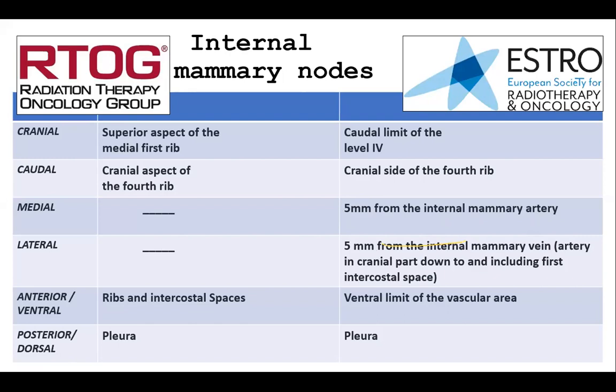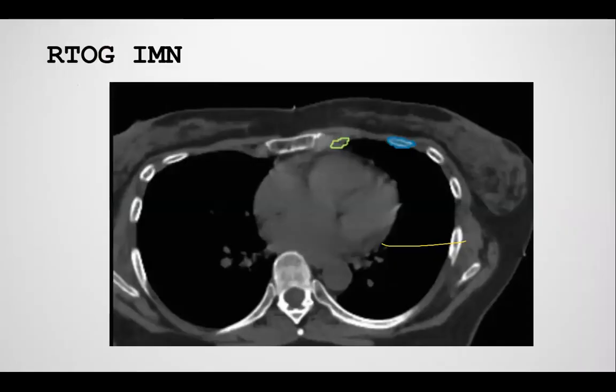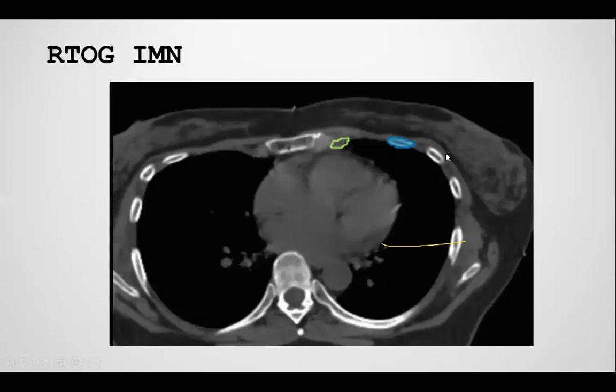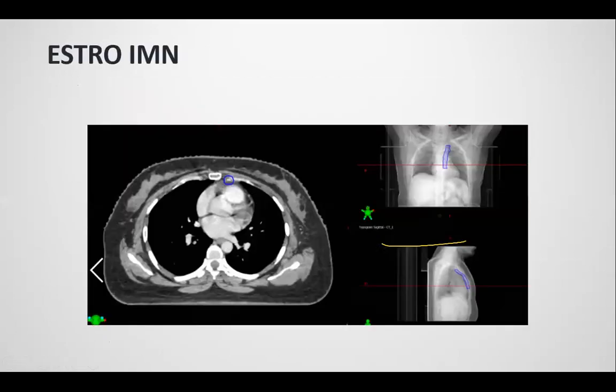Even the anterior and the posterior borders remain the same for RTOG and ESTRO. So if you can see, this is the internal mammary vessel, and now I have taken a 5 mm margin to it. So my volume in ESTRO would be much larger in the craniocaudal direction as well as in the mediolateral direction.